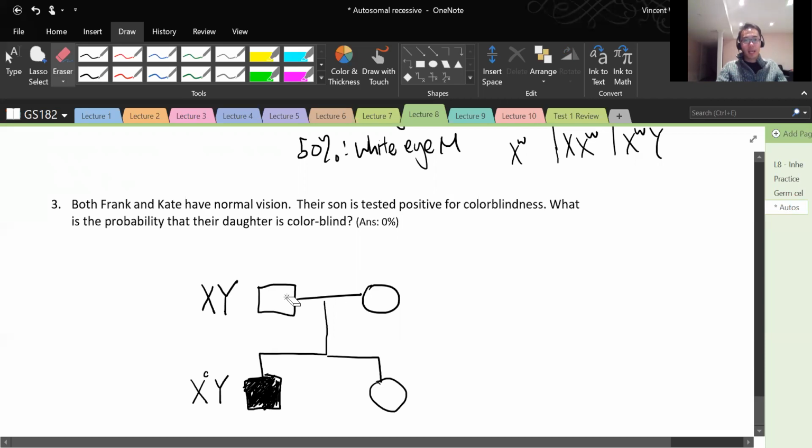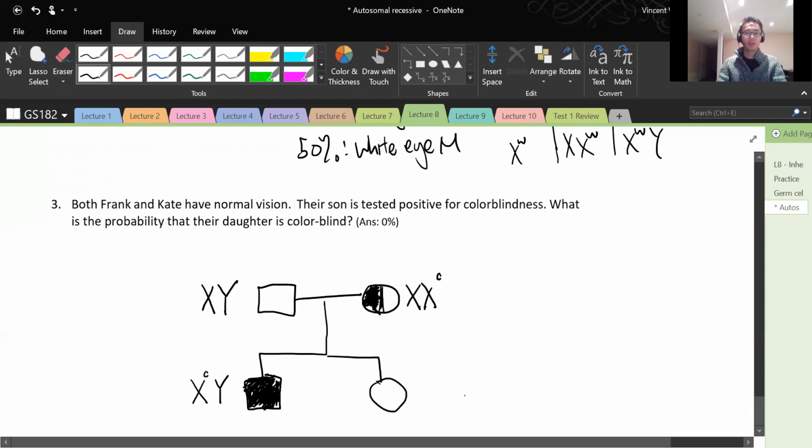The normal vision guarantees the father has a normal X, right? So that means this X^C came from the mother. But the mother doesn't have color blindness, right? She has normal vision. So that means she is a carrier. We can color half of the shape for carrier.